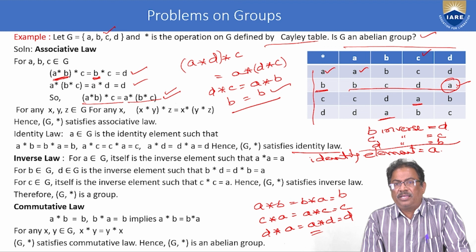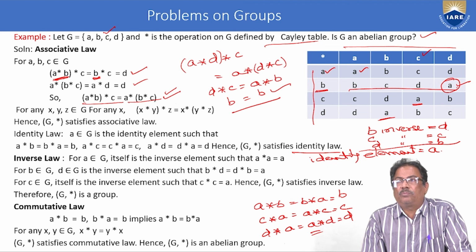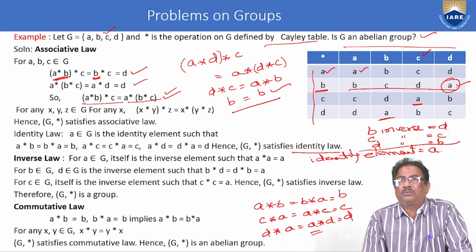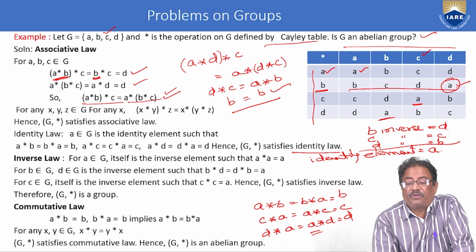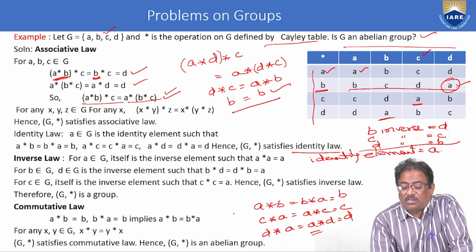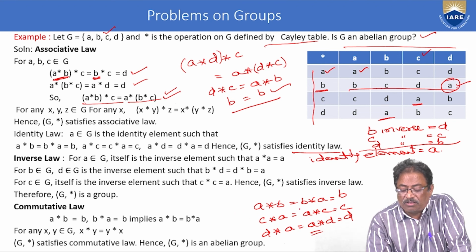Now we have to verify whether it is an abelian group or not. For that we have to verify A star B is equal to B star A. We have already calculated all the things.